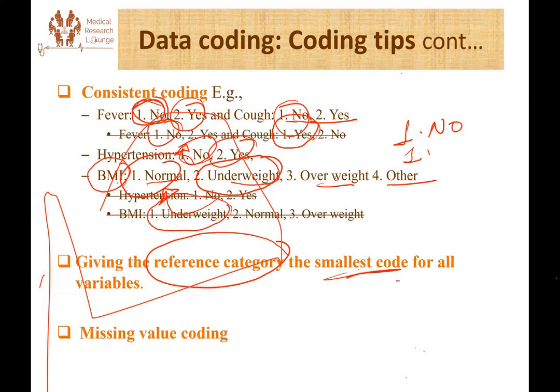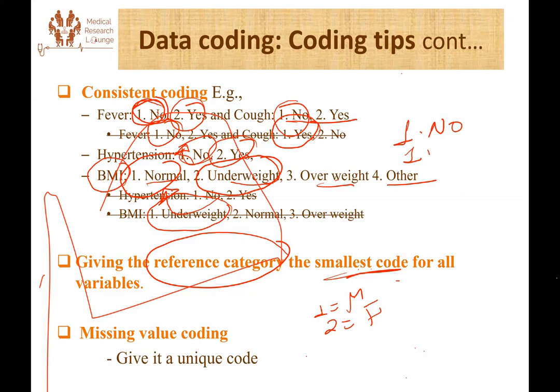The other is that missing values have to be always considered when you enter your data. Definitely you will encounter a missing value. When you have a missing value, make sure to give it a unique code so that it will not be misinterpreted as an actual response. For example, if for gender you labeled 1 as male, 2 as female, you have to make your missing value code something very different from 1 and 2.